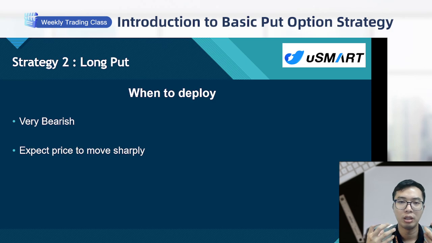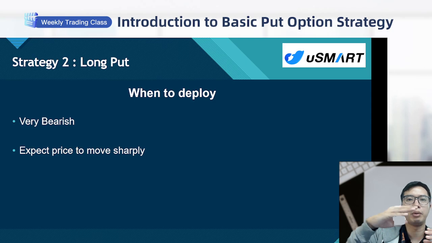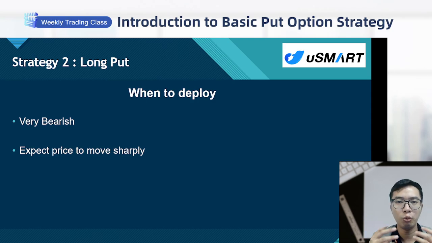When we open this long put, there is an expiry date, and we don't want the market to go sideways for a very long time. Then we have the potential of losing on this long put. So we want some volatility, and some volume and open interest in this stock, so that there's a high probability that the stock price will move sharply.